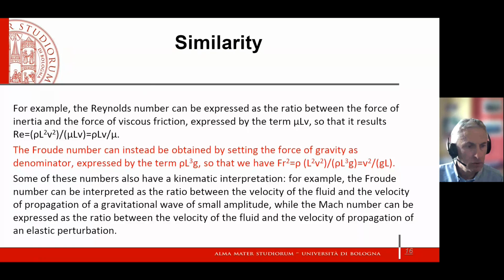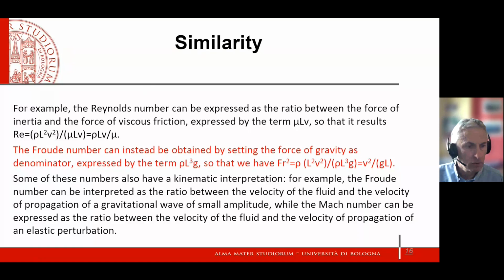So the Froude number is given by the forces of inertia, which is rho L squared V squared, divided by rho L cubed g. And then we obtain the very easy expression for the square of the Froude number, which is velocity squared divided by the product gL.